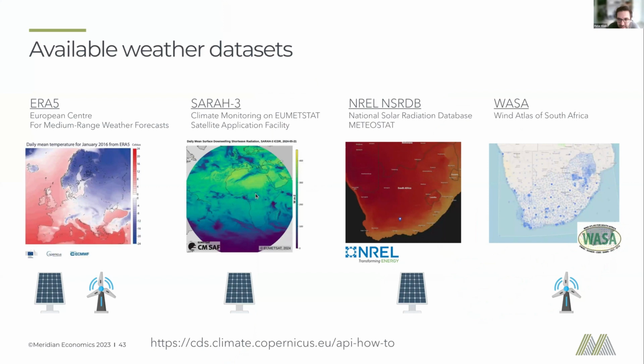In terms of the available weather data that we used, as I said, there are different sources available for satellite data. Probably the most broadly used is ERA5. That's a reanalysis weather data set. I'm a bit of a Luddite when it comes to these, but in my understanding, it's not a forecast model, it's a backwards-looking model. Essentially that weather model is tweaked all the time to calibrate it against certain parameters that are measured.